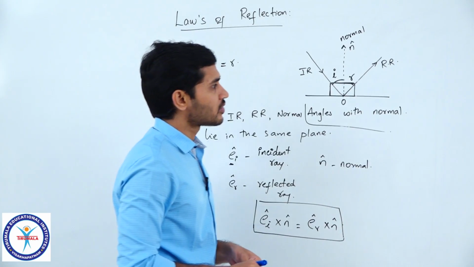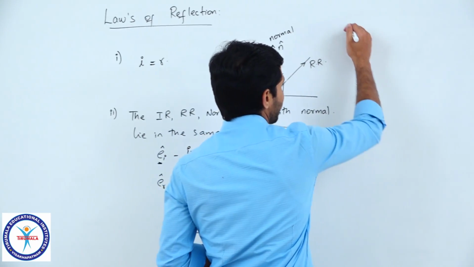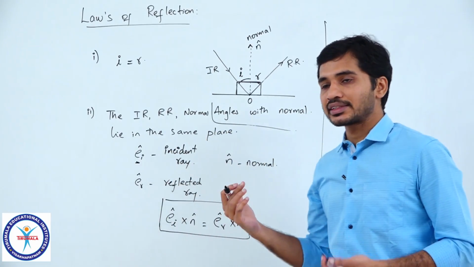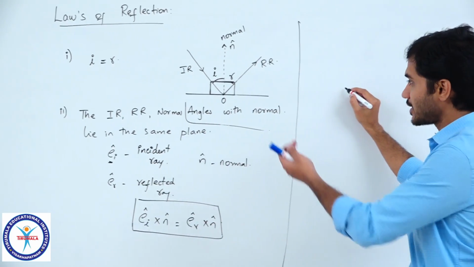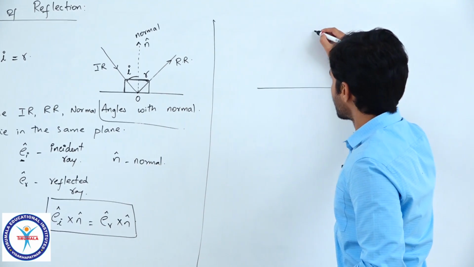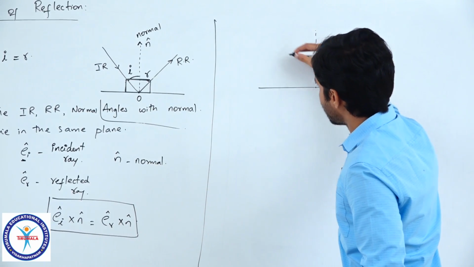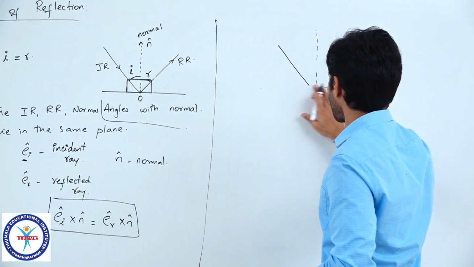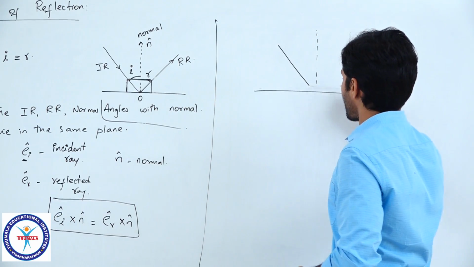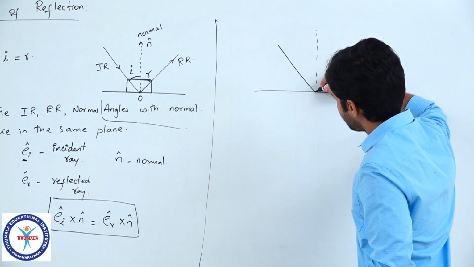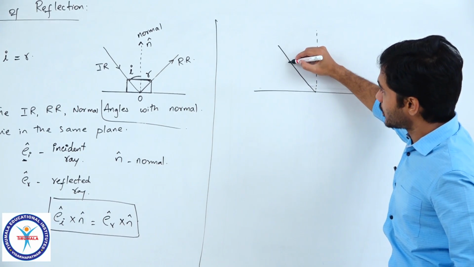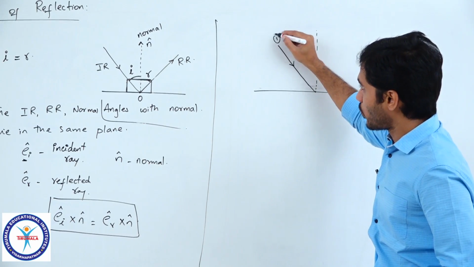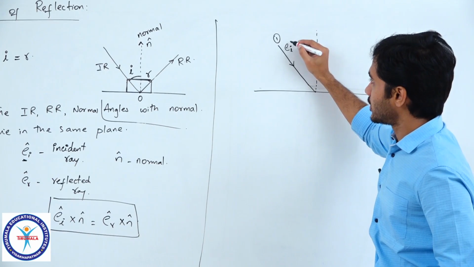Now, one important thing which you will have to keep in mind here is that whenever reflection occurs, what is it that is changing? Let's see that now. If I consider the same scenario, this is the normal, and let us say I am considering the unit vector of the incident ray, which has a magnitude of 1, so EI cap basically.